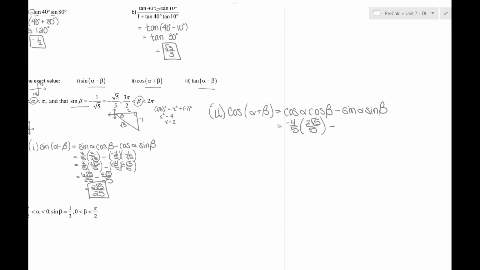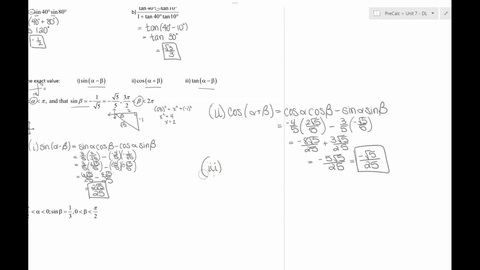Minus the sine of alpha, which is 3/5, times the sine of beta, which is a negative rad 5 over 5. Multiply across, we get negative 8 rad 5 over 25 plus 3 rad 5 over 25. So we get negative 5 rad 5 over 25, and we can reduce, which means we get negative rad 5 over 5. Final answer.